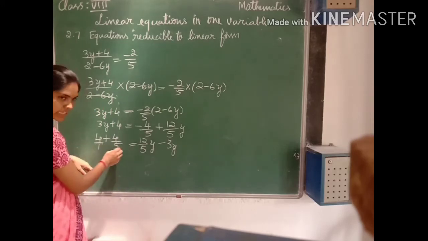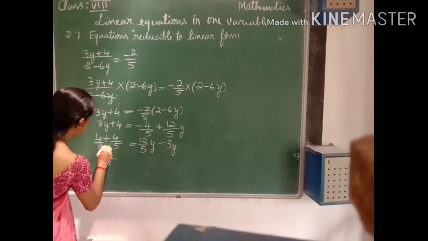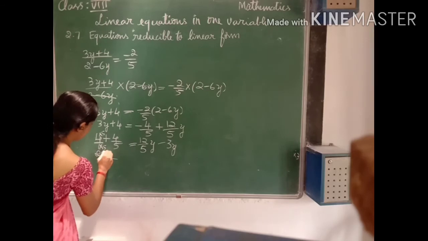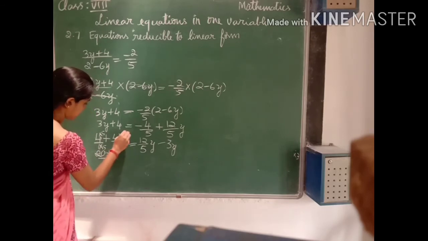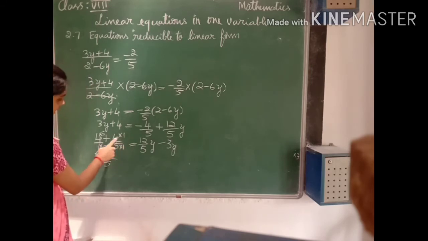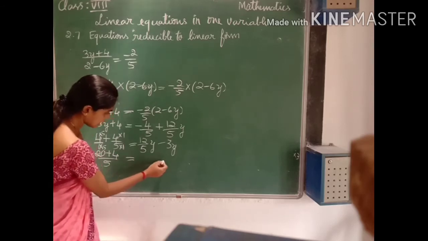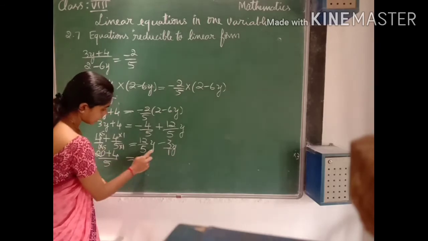LCM of 1 and 5 is 5. So 1 5 is 4 5s are 20 plus 5 4s are 4. Multiply by 1 to numerator and denominator. That is equal to, here what is the LCM? The denominator is 1 and the LCM is 5.